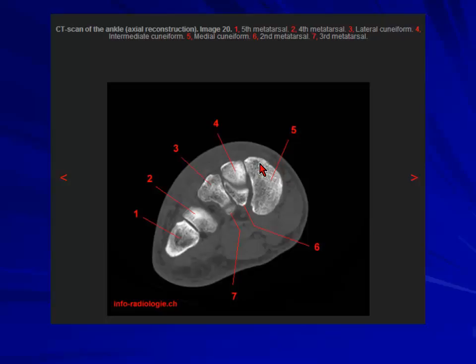So again, the important thing is you know what this is. This is the medial cuneiform, this is the intermediate and lateral. So this is the bone which is coming in, which articulates with the lateral, intermediate, and medial cuneiform. And this is the second metatarsal coming in, along with the third, and then as you go along, it will be fourth and fifth.